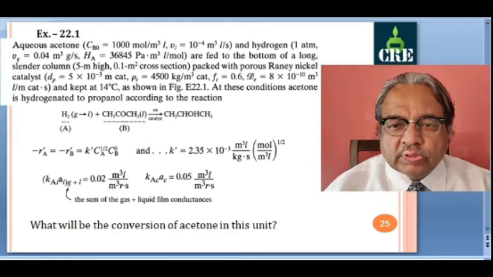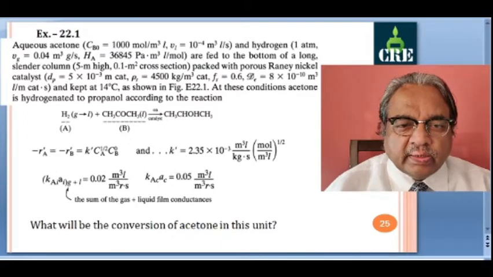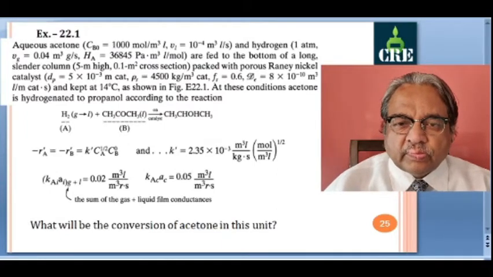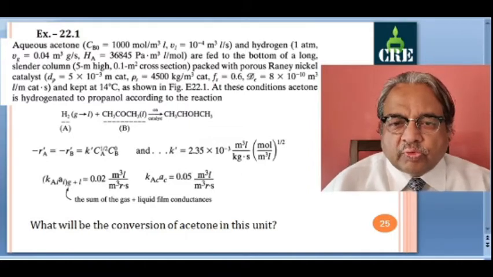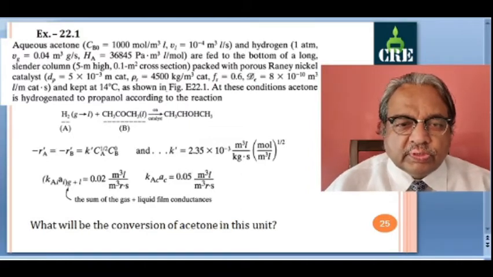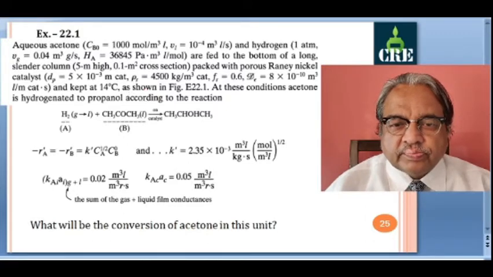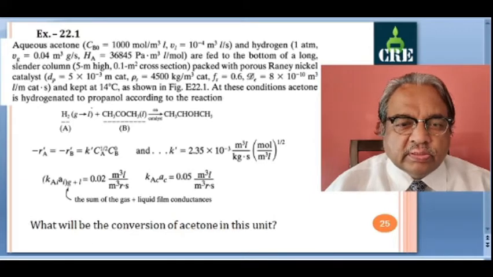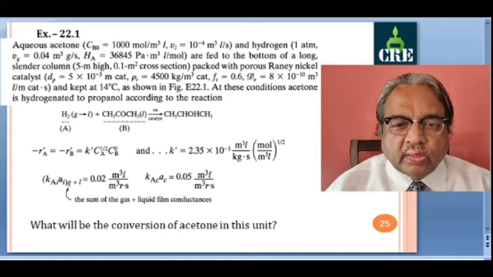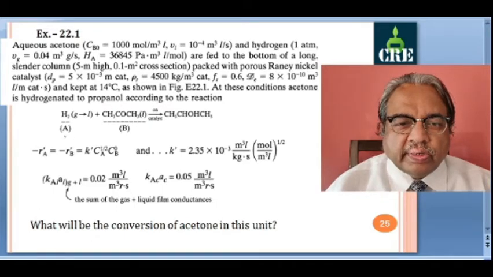It is packed with porous Raney nickel catalyst. Diameter is given, density is given, solid loading is 0.6, diffusion coefficient is given, kept at 14 degrees Celsius as shown in the figure. At these conditions, the acetone is hydrogenated to propanol according to the reaction.